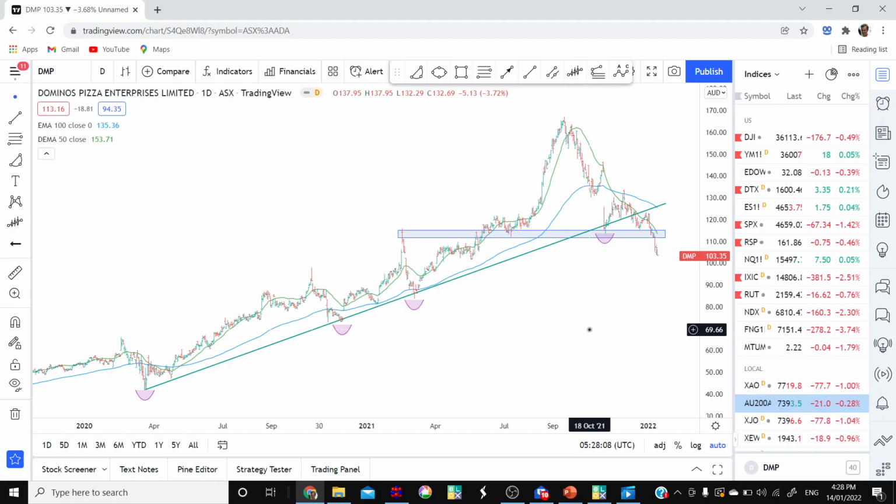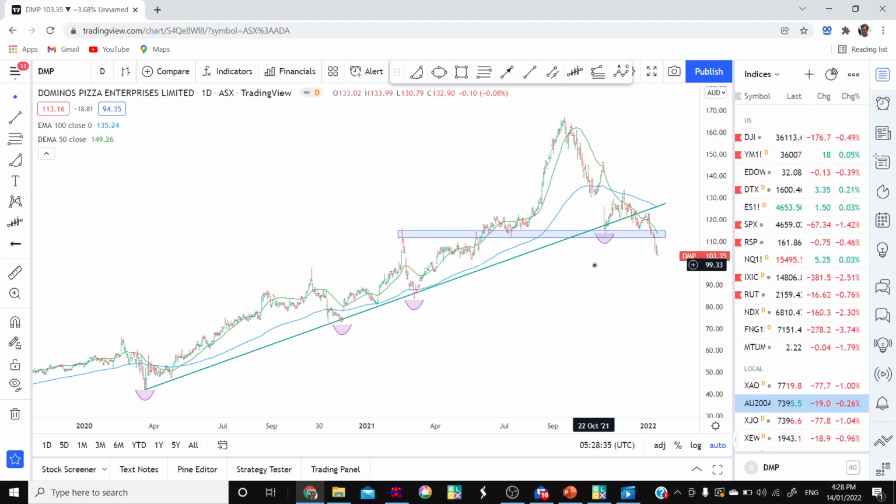But what a lot of people don't notice is that the underlying trend in this stock, at this point at least, has changed. It's changed from an uptrend to a downtrend. So buying now is quite a dangerous strategy, and I think what it does, it increases the odds of a nasty surprise where a stock does quickly fall 20 or 30%, like we saw in Magellan. So it's the sort of thing you really got to be aware of.